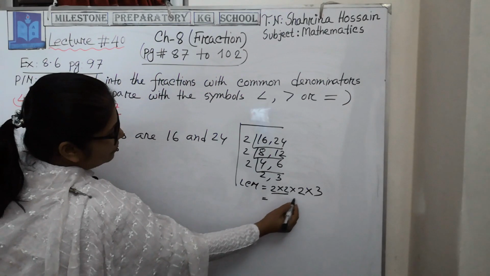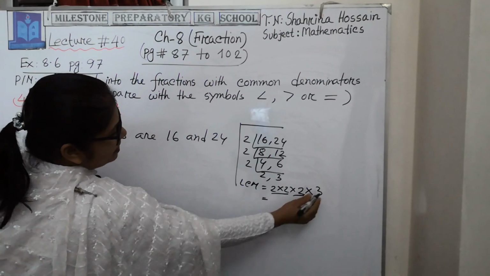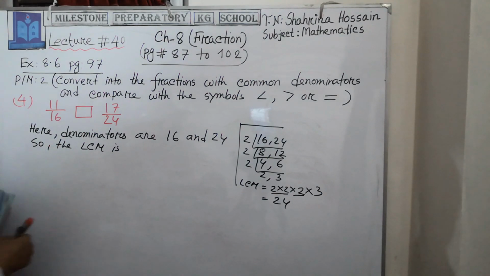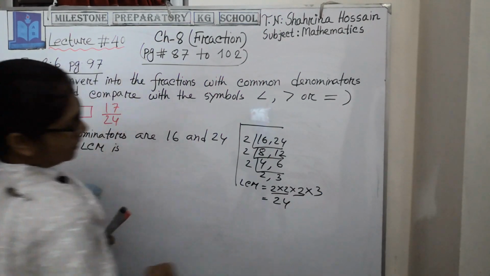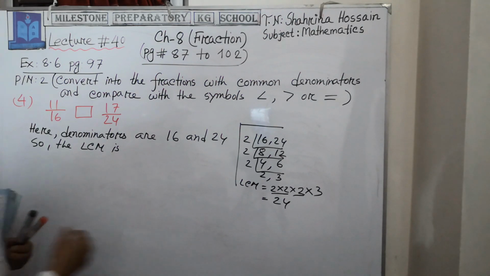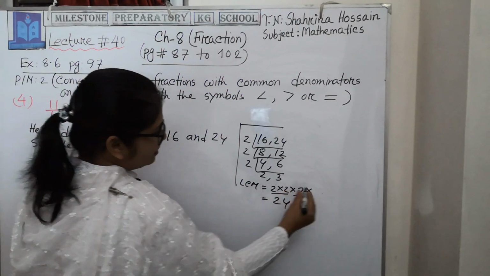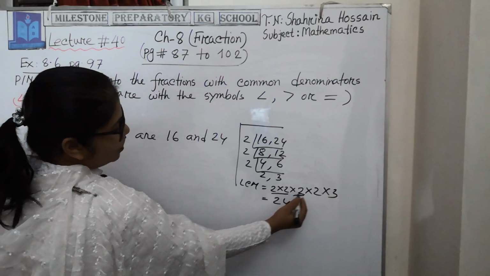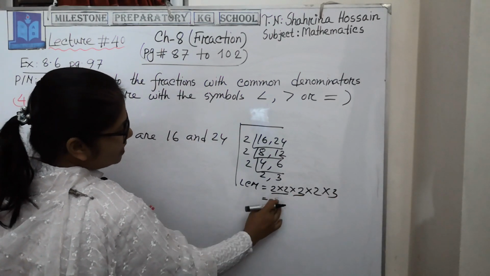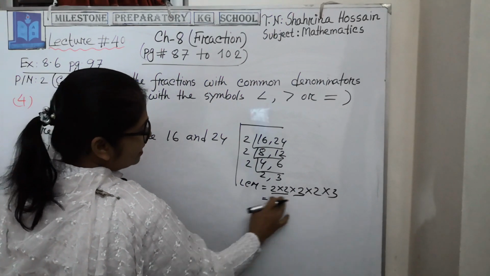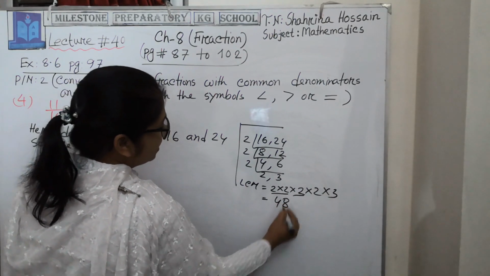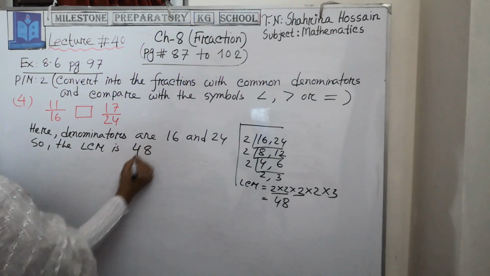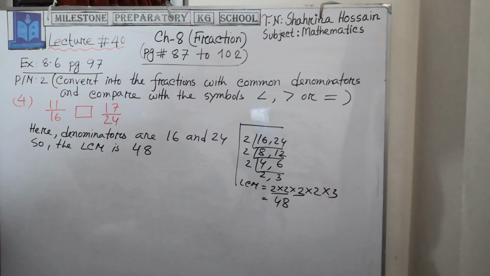So, 2 2s are 4, 4 2s are 8, 8 3s are 24. Here is another 2, excuse me. So, 2 2s are 4, 4 2s are 8, 8 2s are 16, 16 3s are 48. Okay, fine. Now it is the LCM, 48. We are getting the LCM 48.